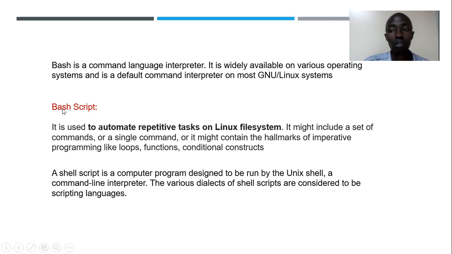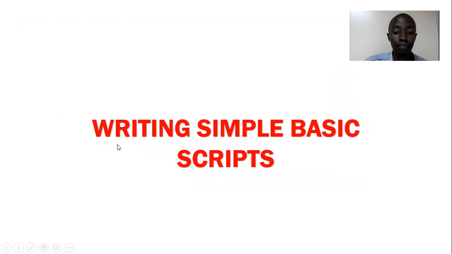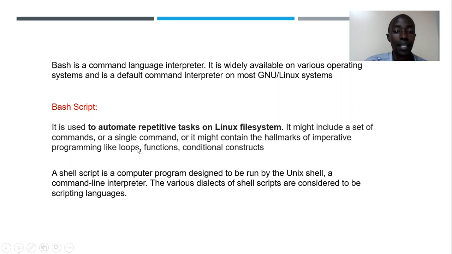Now, the bash script is used to automate repetitive tasks on the Linux file system. It might include a set of commands, or a single command, or it might contain the hallmarks of imperative programming like loops, functions, conditions, or conditional constructs, and so on.